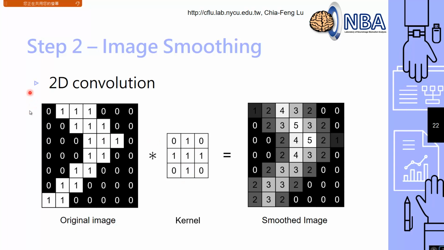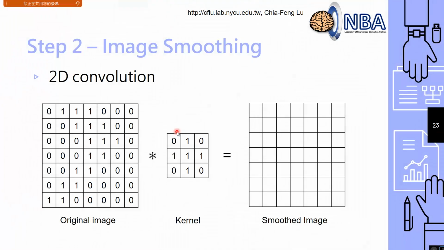Once I move the kernel here, for this pixel, I can calculate the average within this cross area. If I move the kernel to here, I can calculate the average value within here, because I always put 1 here and 0 here. That means I don't care about the corner area.